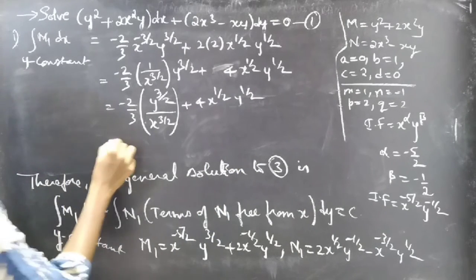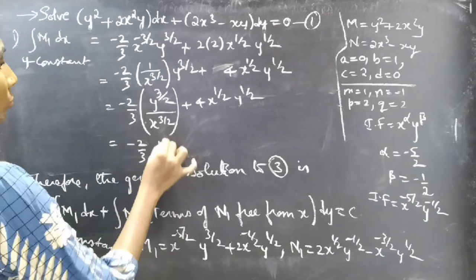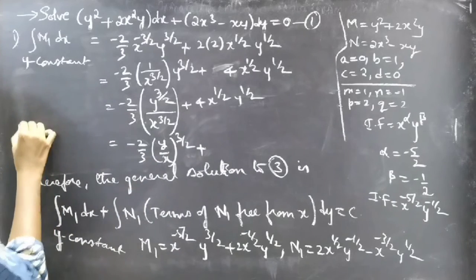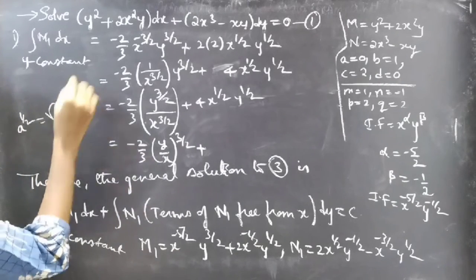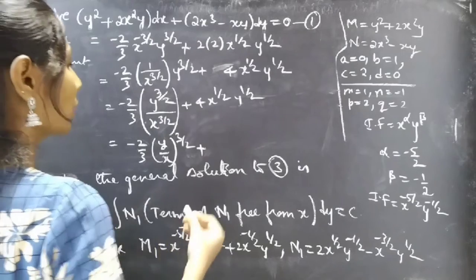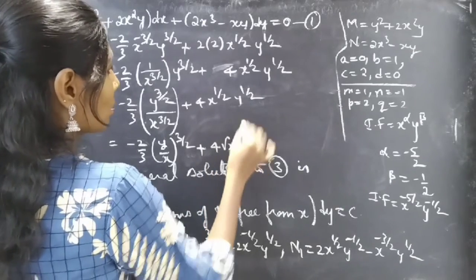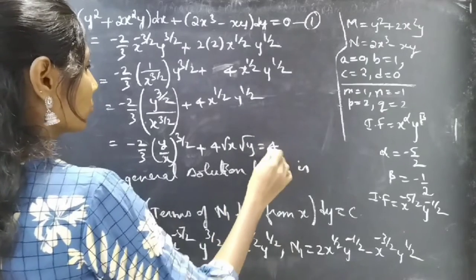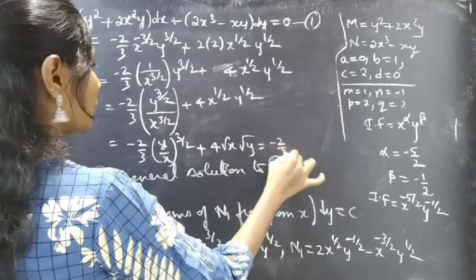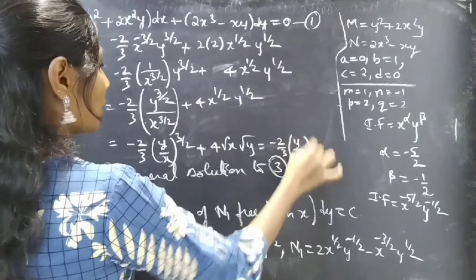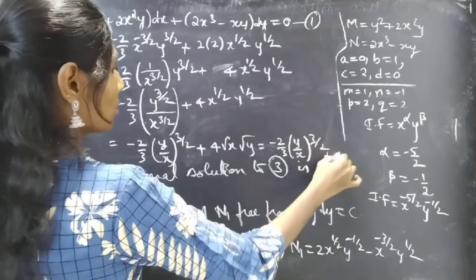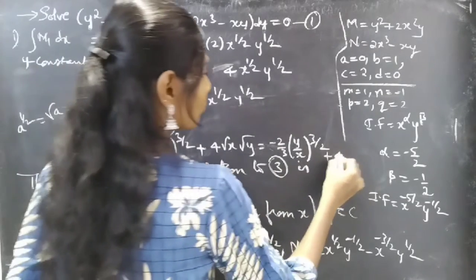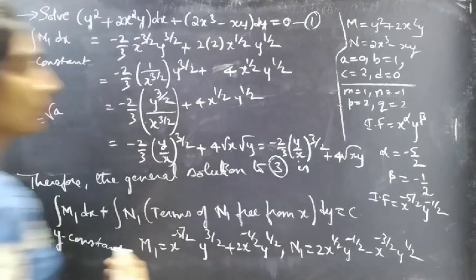Or we can write this as minus 2 by 3 into y by x whole power 3 by 2 plus, since we know that a power 1 by 2 can be written as square root of a, we can write x power 1 by 2 as square root of x and y power 1 by 2 as square root of y. Or we can write this as minus 2 by 3 into y by x power 3 by 2 plus 4 into square root of x into square root of y, which can be written as square root of xy, right?